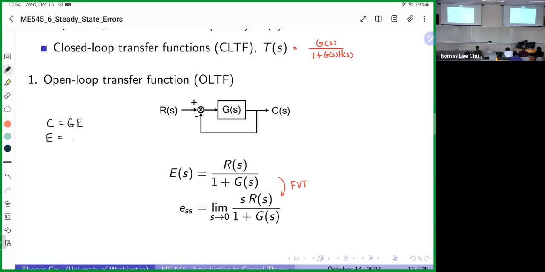So E is equal to R minus C. Then you plug the C into the error equation because we're trying to get rid of C. So then we get E is equal to R minus GE. Separate the E's, and we get R over 1 plus G. That's the way you get that equation.